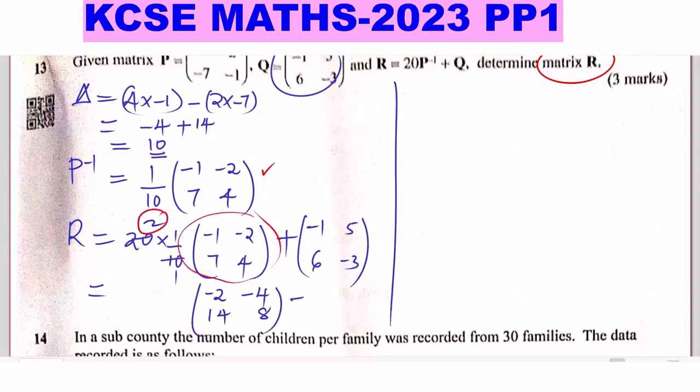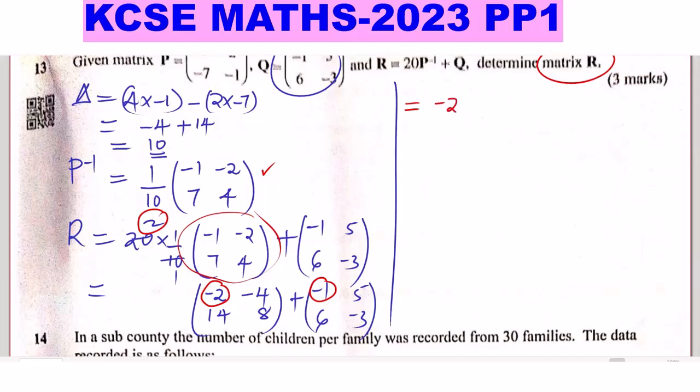Then we add -1, 6, 5, -3. When you're adding, these are a 2 by 2 matrix added to a 2 by 2 matrix. So you just add the corresponding elements of the 2 matrices. For example, we take -2 plus -1, that will give -3. Let me just write it here.